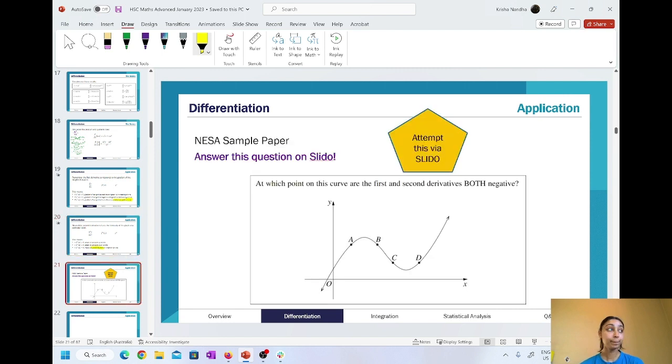Okay, now I have a slider question for you. So just down below, let me know at which point on this curve are the first and the second derivatives both negative. I'll give you guys a few minutes.